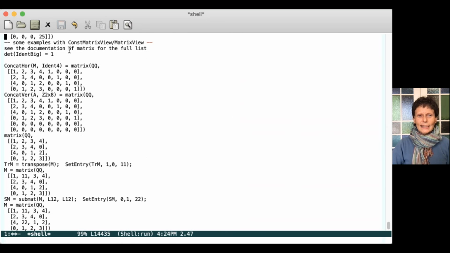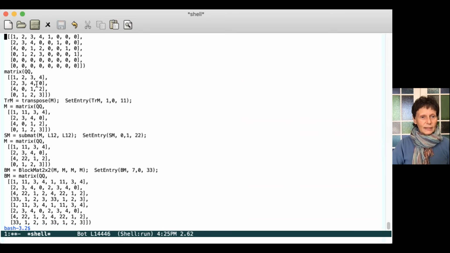It says, see the documentation of matrix for the full list. I told you we can concatenate horizontally, so we have the matrix M and the identity matrix. Then we added something vertically, and this is the output.